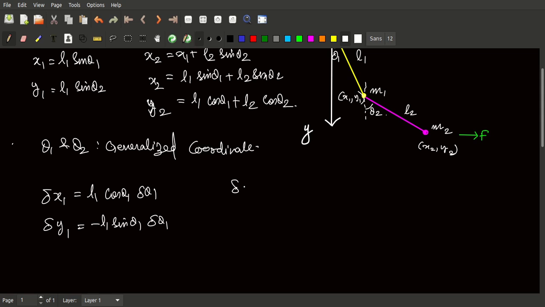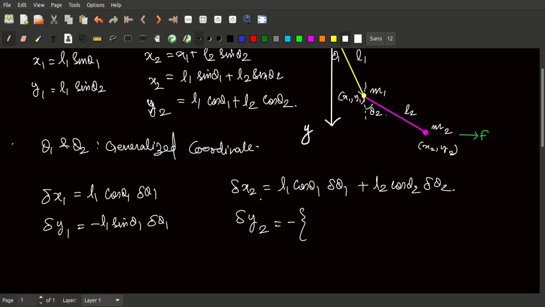In a similar manner, del x2 we can calculate as L1 cos theta 1 del theta 1 plus L2 cos theta 2 del theta 2, and del y2 is equal to minus of, I am taking the whole minus outside because all the cosines will become sines with minus signs, L1 sin theta 1 del theta 1 plus L2 sin theta 2 del theta 2. This is what we get.